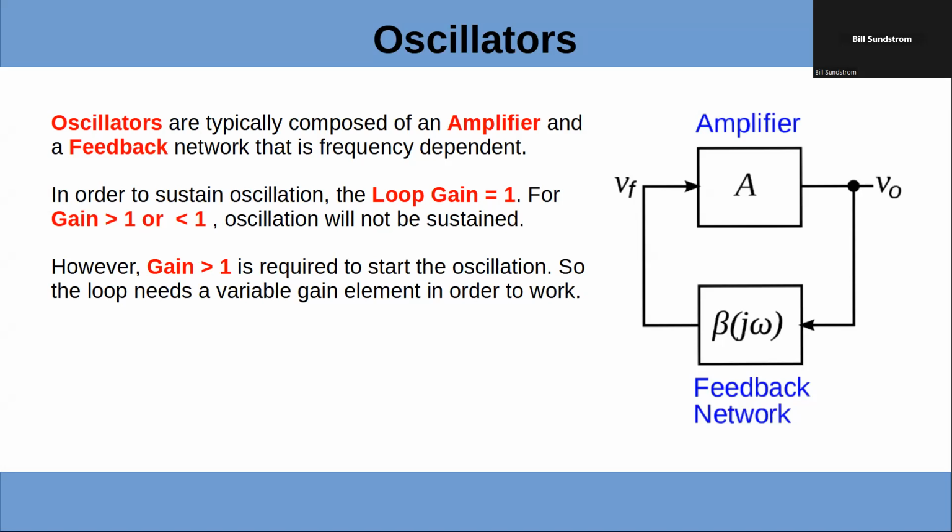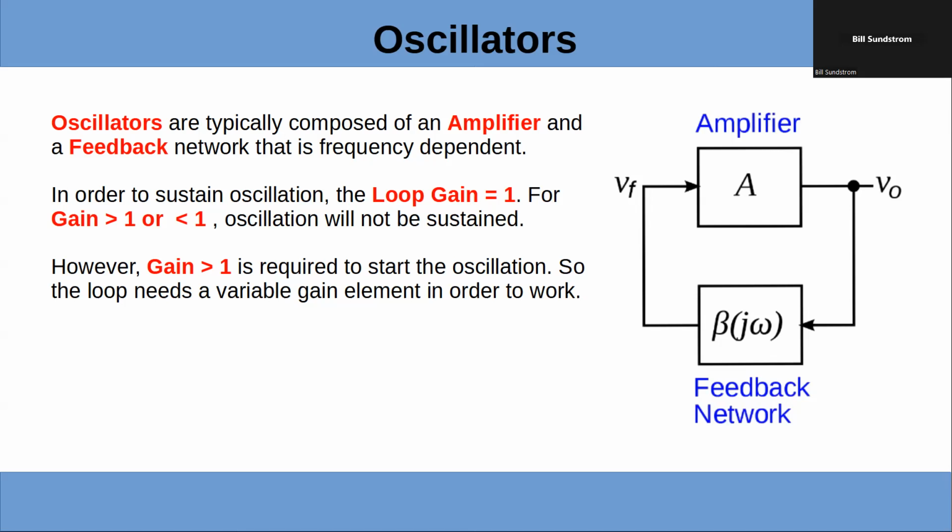In other words, if you wanted to have an oscillator for a megahertz, you would feed back part of the output of that amplifier through essentially a tuned circuit set for that frequency to feed it back to the input and cause it to oscillate.